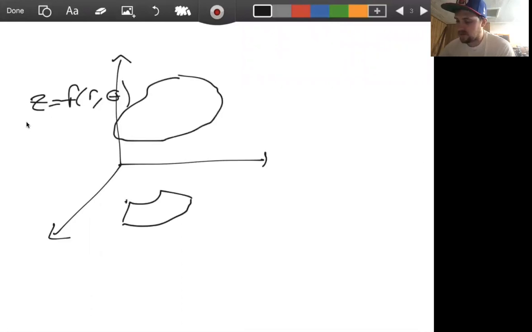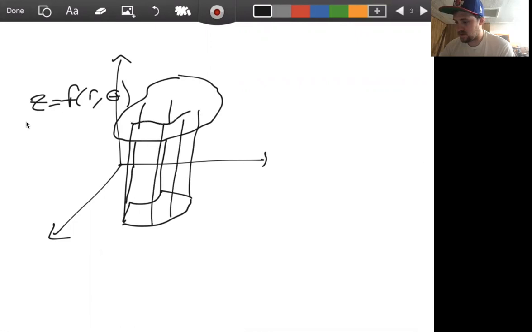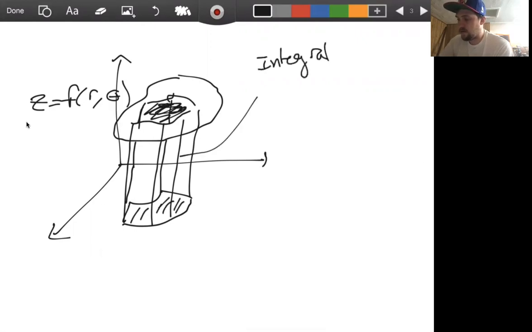And the integral should give us the volume under the surface but above this region, right? Where the top is the surface and the bottom is our region, this is what we want. The integral is going to be the volume.